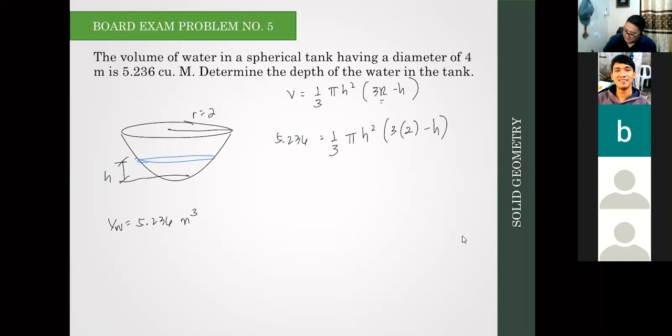Okay? Then simplify natin to. So we have 5.236 times 3, divide natin ng pi. 5.236 times 3 over pi. Okay, so we have 5 is equals to 6h squared minus h cubed.